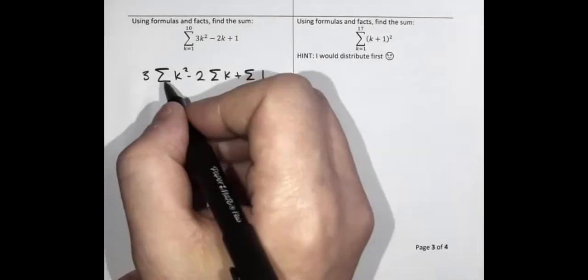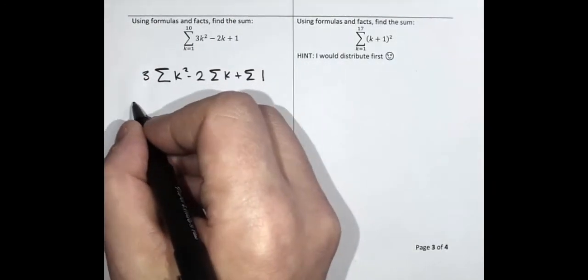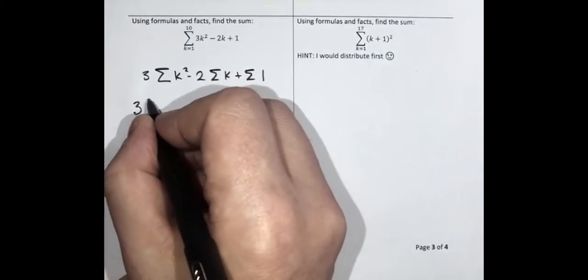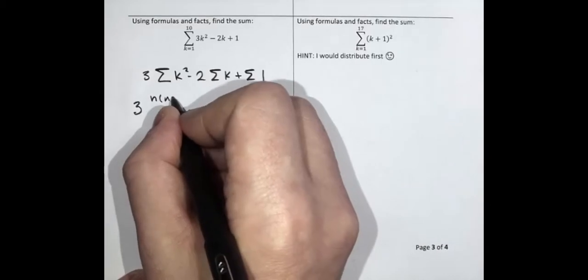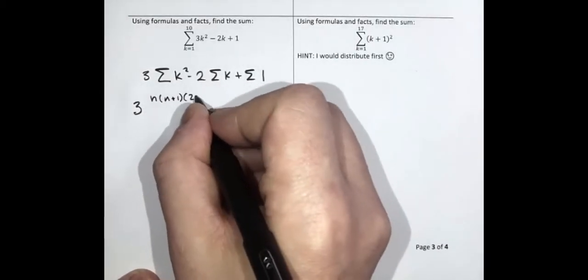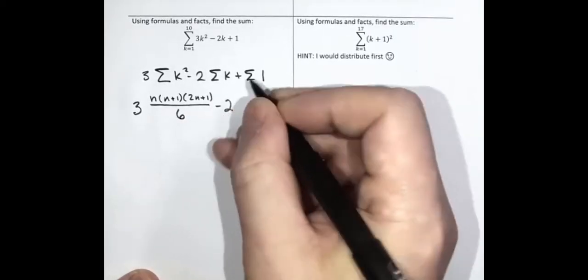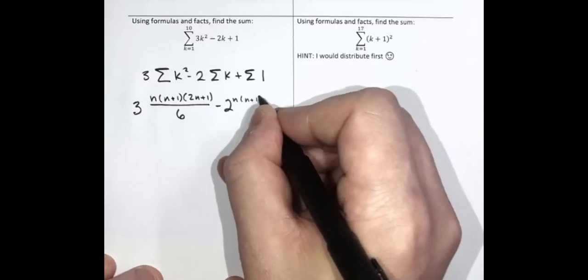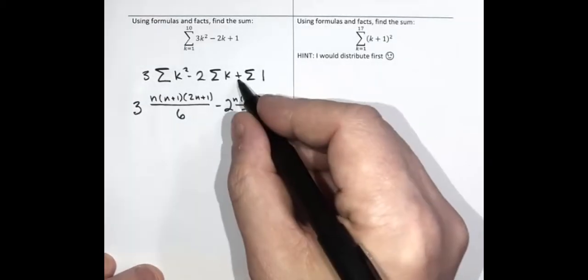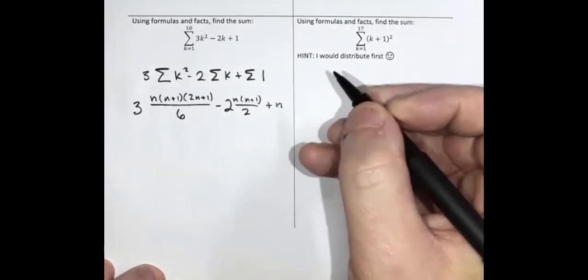Now by the formulas, the sum of the k squareds becomes 3 multiplied by n times n plus 1 times 2n plus 1 all over 6, the summation of the k's becomes n times n plus 1 over 2, and the sum of 1 just becomes n.